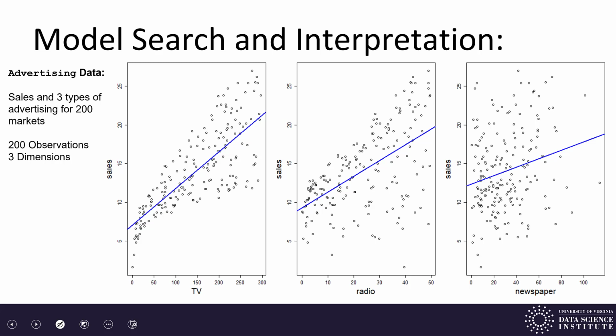The features are, in this first plot, TV. In the second plot, here's radio. This is the amount of advertising put into TV, the amount of advertising put into radio, and in the last plot, the amount of advertising put into newspaper.